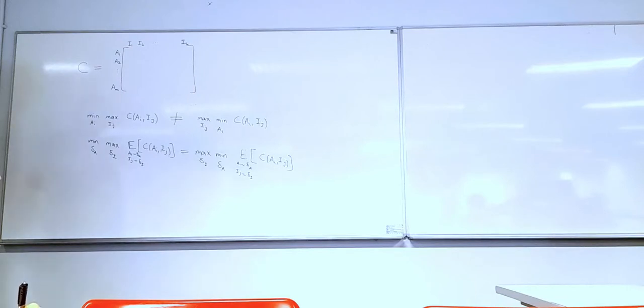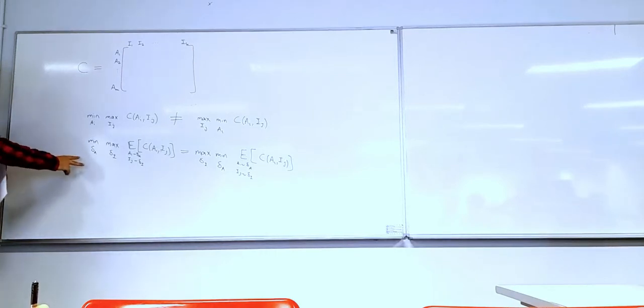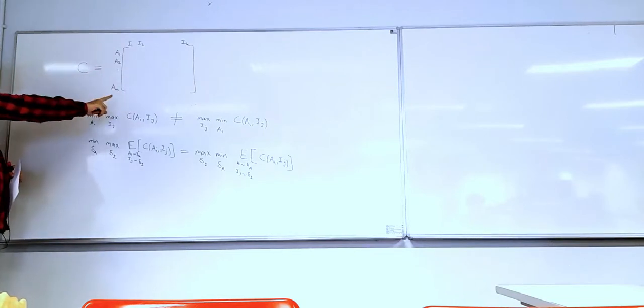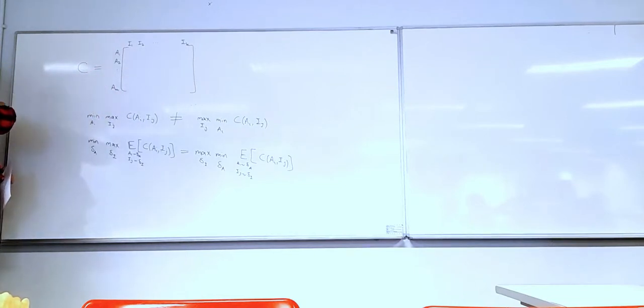Now the next step is to again look at this as a matrix game. Let's say that I am the player who chooses the algorithms. I'm the player choosing the rows of this matrix, choosing which row to play.